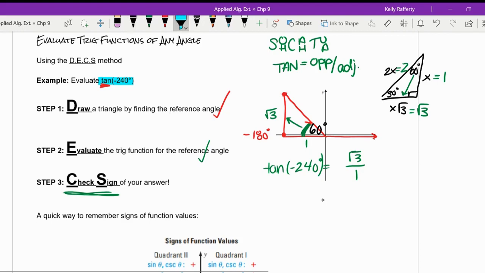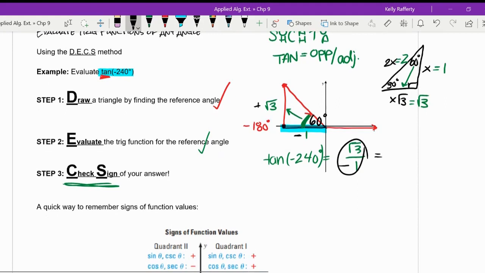If we're in the coordinate plane, this is the xy axis. I went to the left, so this 1 down here needs to be negative, right? If I'm graphing points over here, this is in a negative quadrant. So this to the left is negative. When I go up, that's positive. So here we're fine. I need a negative for my answer. So my answer will be negative root 3 over 1. Since the denominator is 1, I don't really need it. Negative root 3.